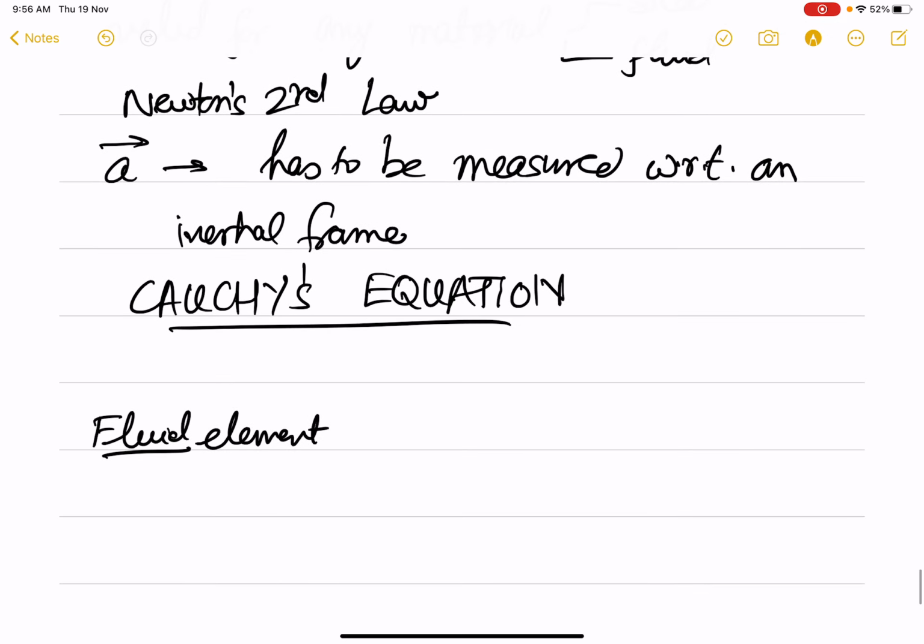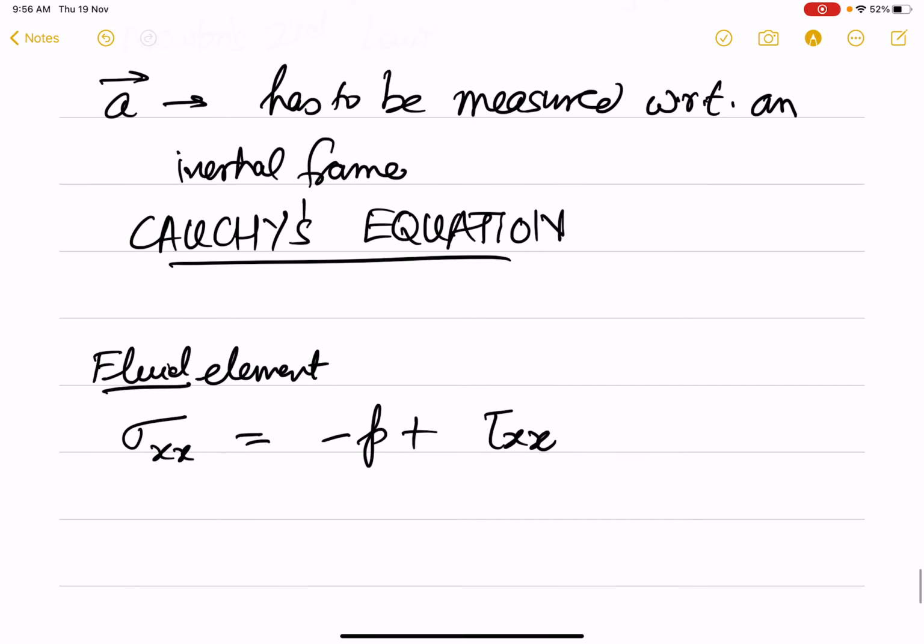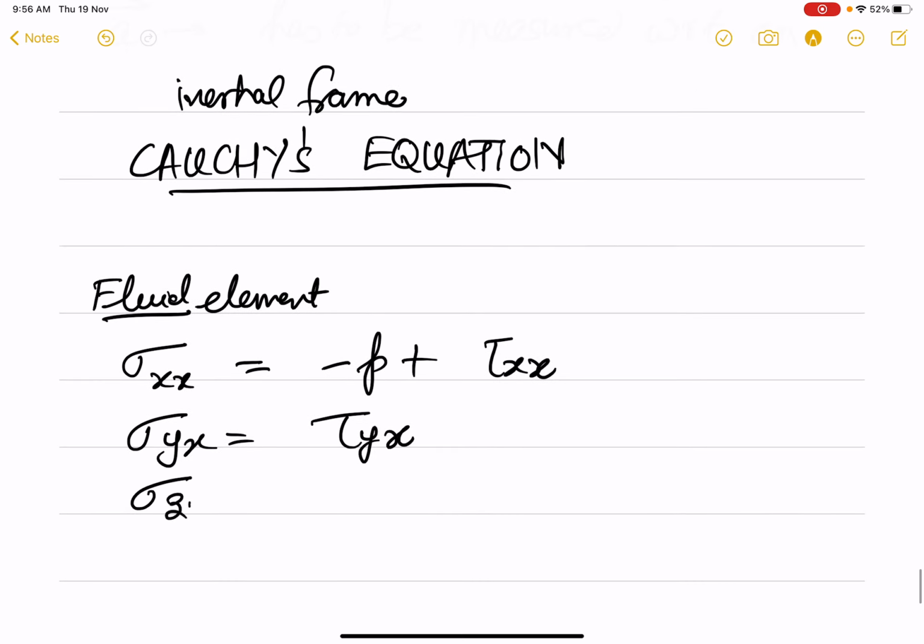In a fluid element, one of the things we have done is, if we look at sigma xx, it will be minus p plus tau xx. Sigma yx will be nothing but tau yx, and sigma zx will be nothing but tau zx.